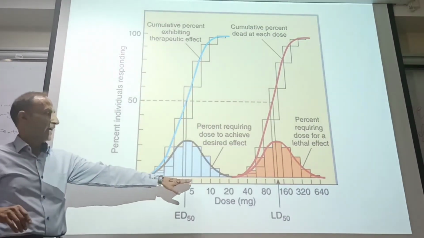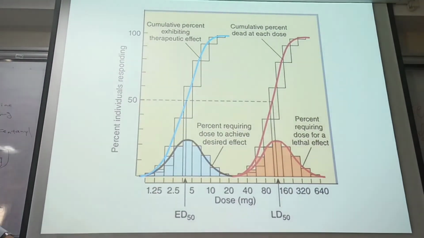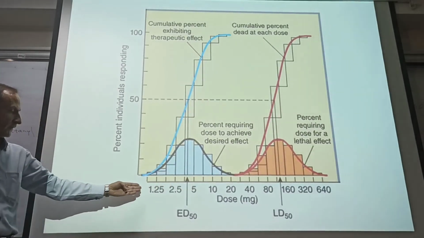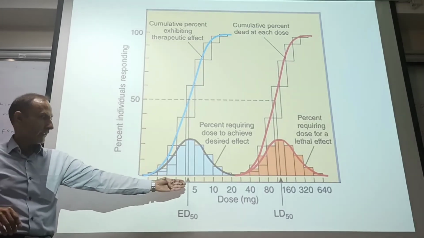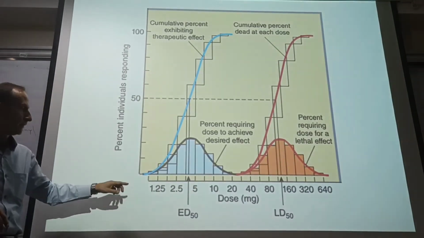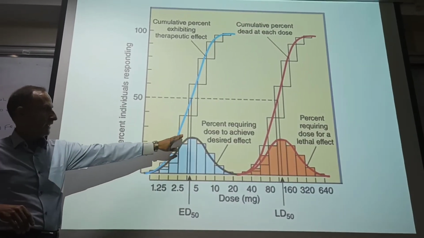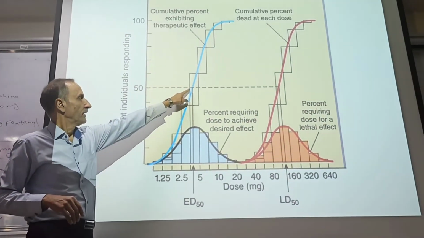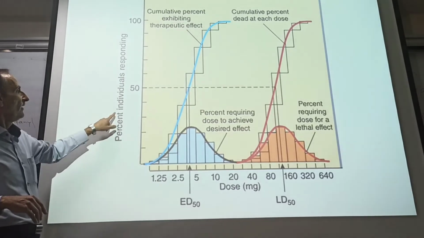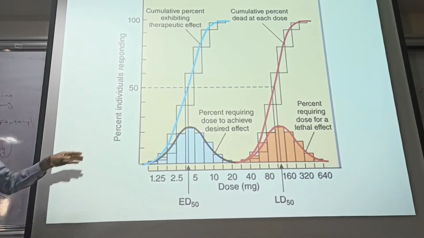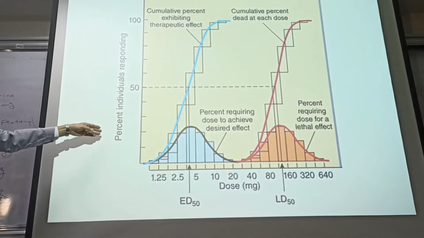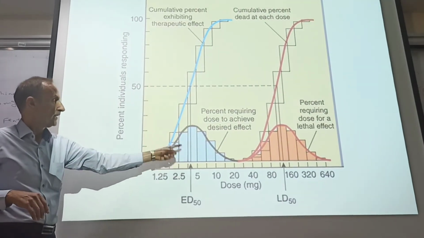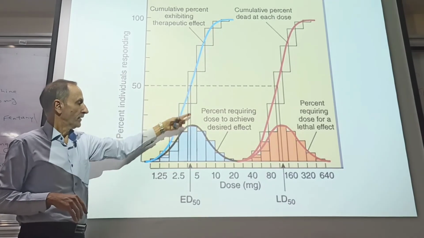Here again we have dose. You see the different dose of drug, increasing the dose. You can see the ED50. Here we have individuals responding, and we have ED50 here.